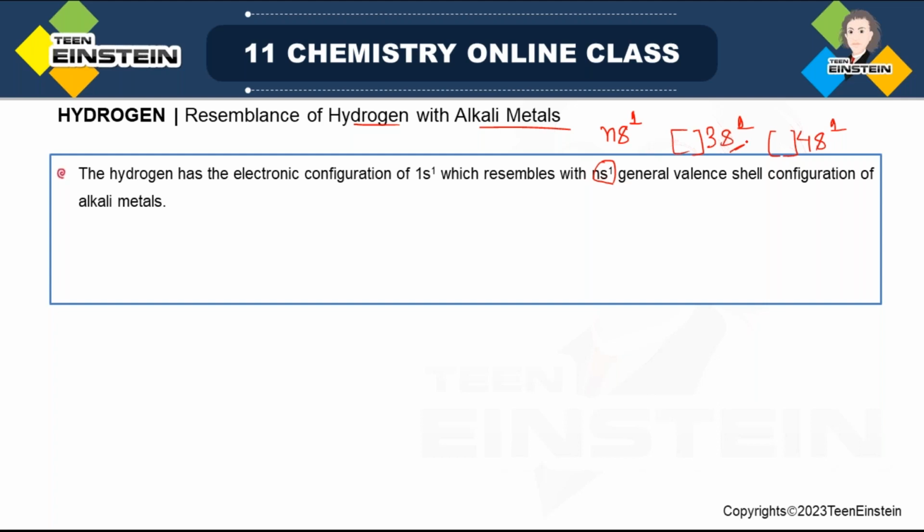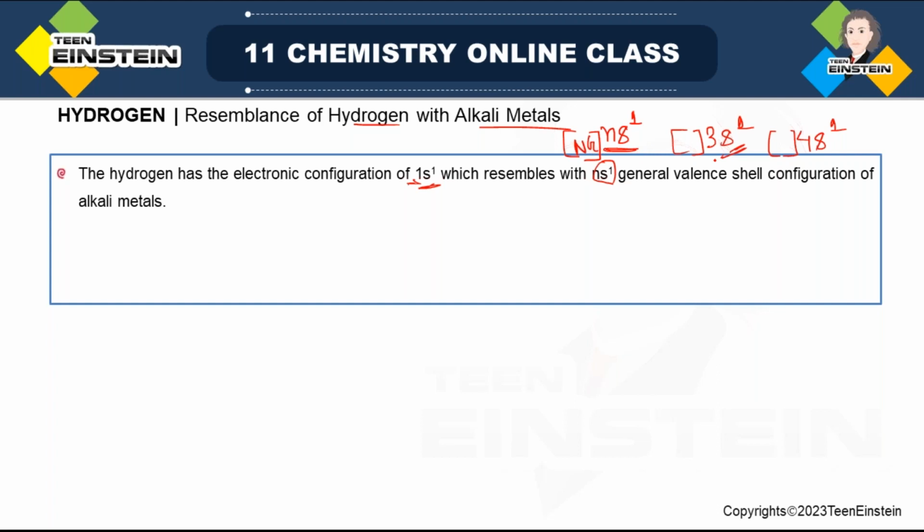The electronic configuration of hydrogen is 1s1, the simplest, and it is similar to the general valence configuration of alkali metals, which is also ns1. The only difference is that before 1s1 there is no noble gas, while in alkali metals, before the outermost valence configuration, there is a noble gas configuration. So for sodium, the atomic number, remember, is 11.